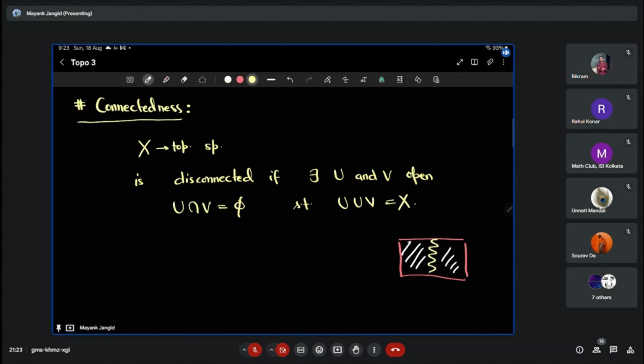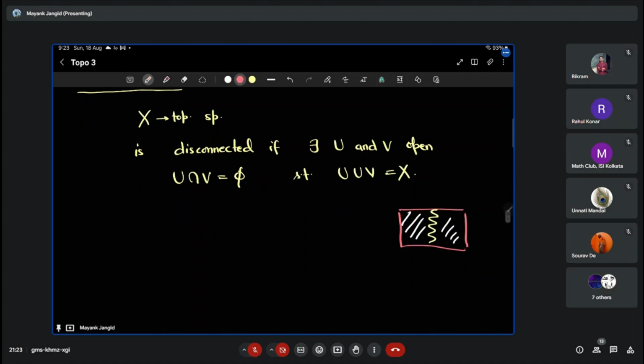And the negation of this statement: X is called connected if it is not disconnected. So there does not exist any pair of disjoint open sets such that their union is the complete set.